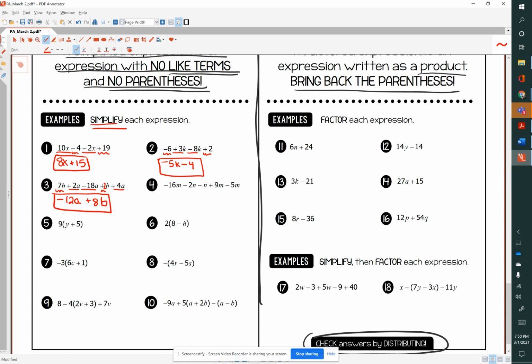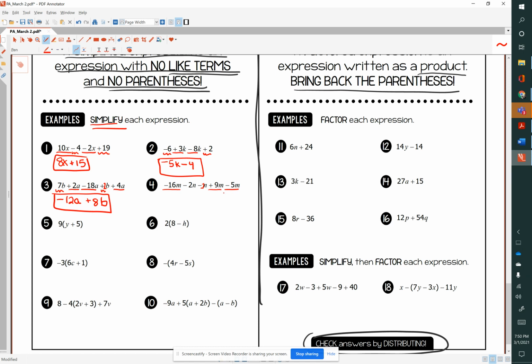Number 4, we have negative 16m minus 2n minus n, which is an invisible 1, plus 9m minus 5m. So negative 16, we'll just do the m's first, plus 9 minus 5. Well, negative 16 minus 5 is negative 21.